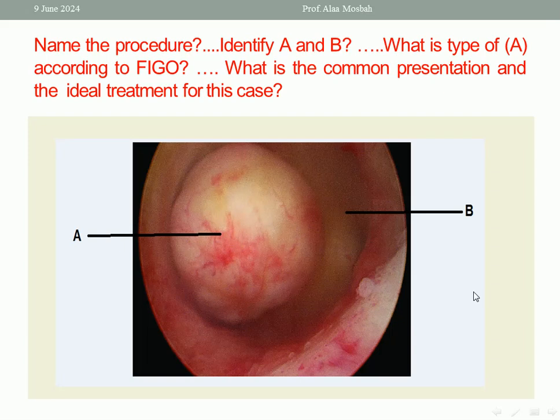What is the ideal treatment for this condition so long as it is a single intracavitary type 0 leiomyoma, 4 centimeters or less? Hysteroscopic resection of this leiomyoma is the best line of treatment. Okay?